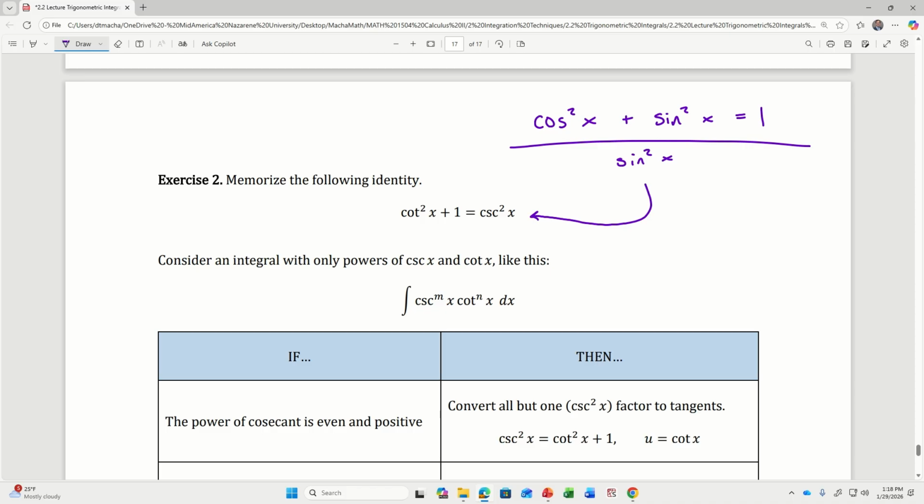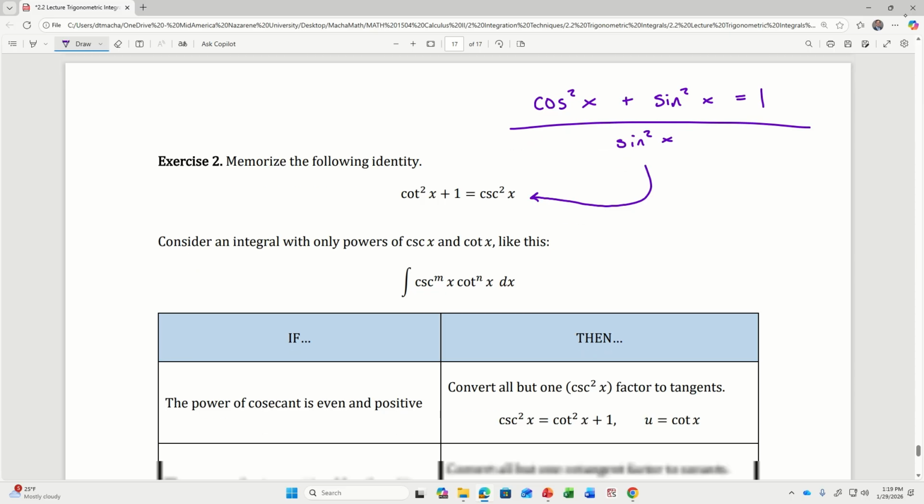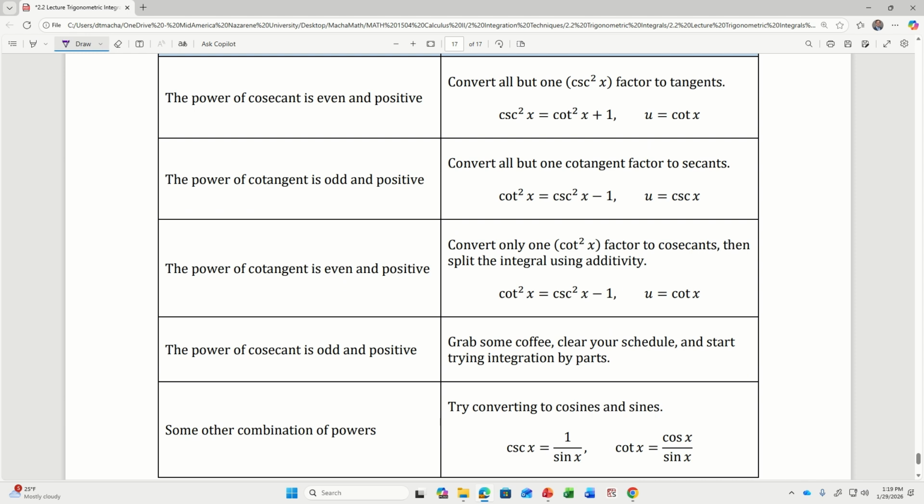Because cosine divided by sine is cotangent. Sine divided by sine is 1. 1 divided by sine is cosecant. So maybe we come across an integral that only has powers of cosecant and cotangent. And then there's a whole bunch of strategies you could learn for dealing with powers of cosecant and cotangent.